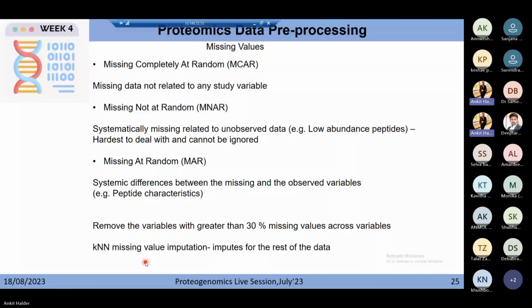For this particular protein feature, these are the quantifications that have been done in those samples, so what will be my value in this particular sample? So this is imputation, predicting on the basis of certain algorithms or certain features.